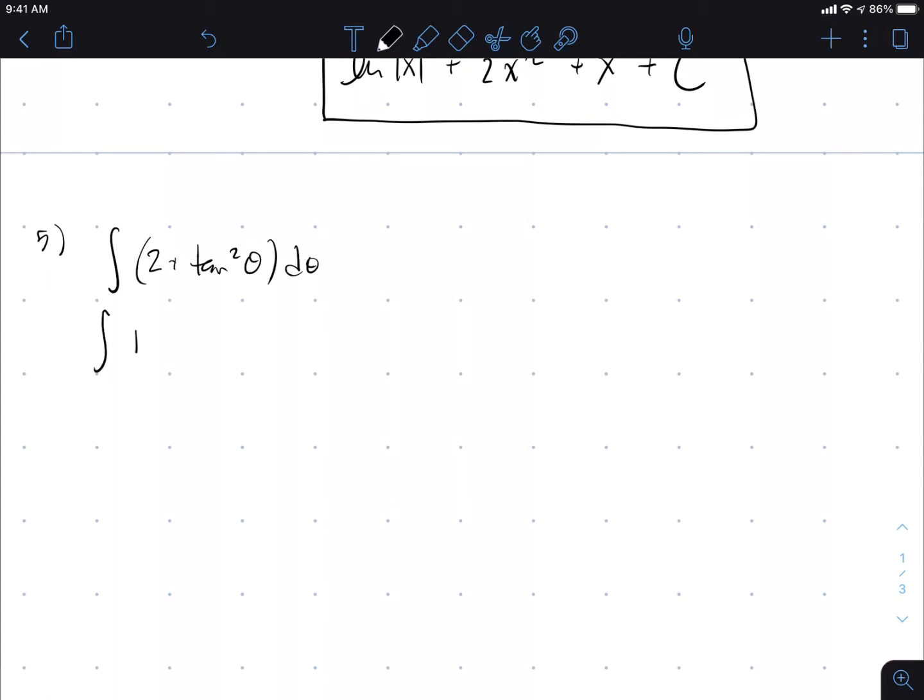So I'm going to do this: I'm going to go 1 plus tan squared theta, d theta. You agree that I have not changed the problem. Okay? No change. But I know something about this. What do I know about that? Secant squared. Oh, nice.